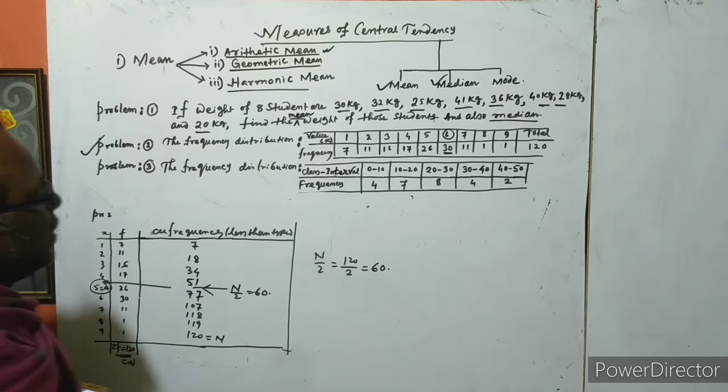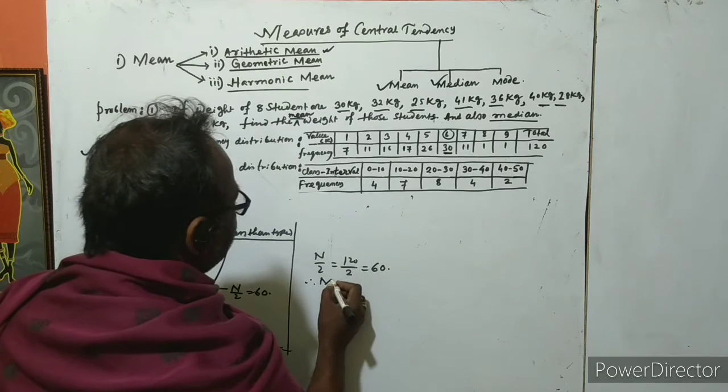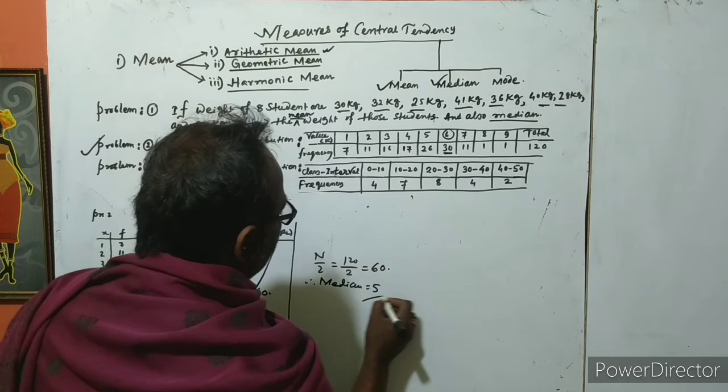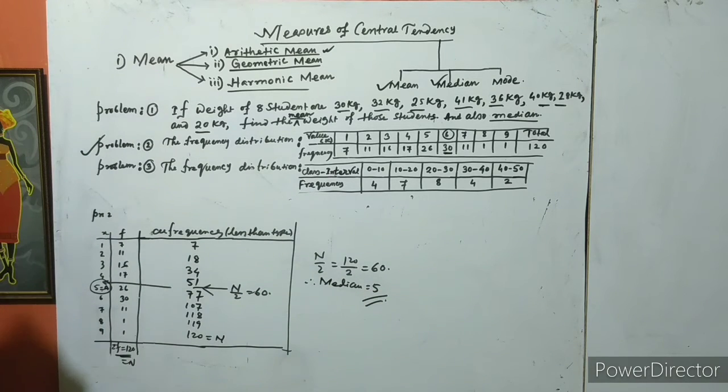Then you can say therefore median is equal to 5. Okay. And again I repeat here, finding the mode for the class mark column with this frequency: when finding a mode, we always search for the maximum frequency.